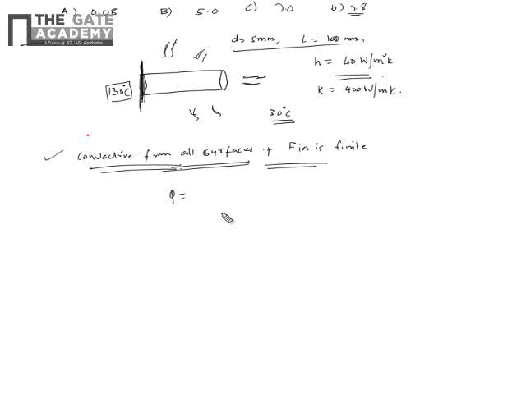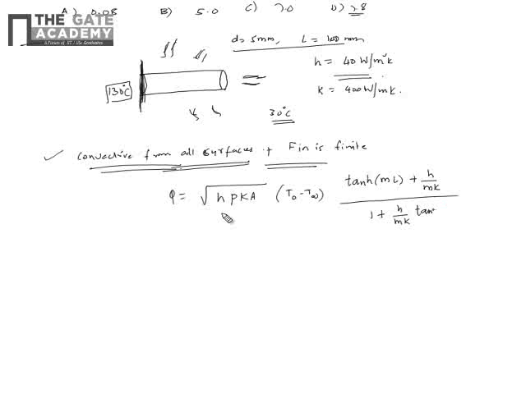The formula for this is a bit lengthy, but let's do it. It's root of hPkA, times T naught minus T infinity, times tanh(mL) plus h by mk, divided by 1 plus h by mk times tanh(mL).